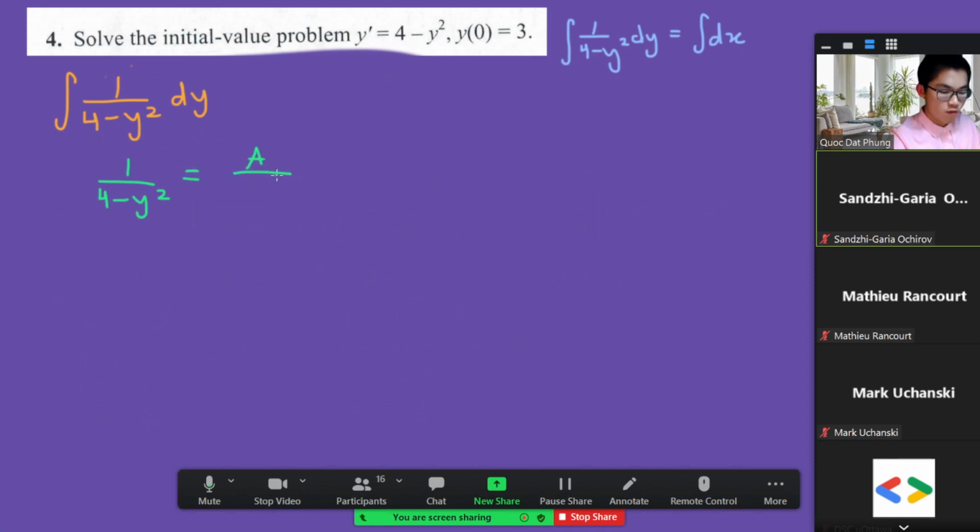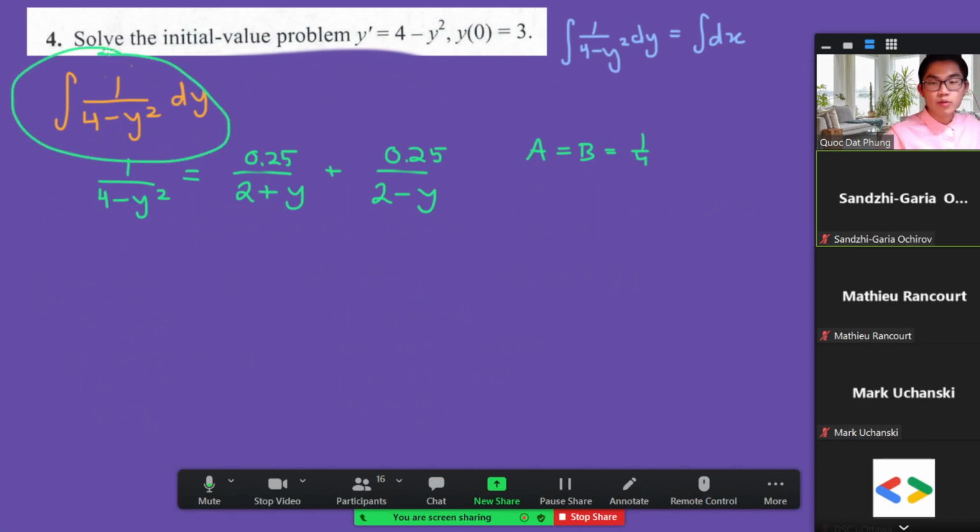We had a over 2 plus y plus b over 2 minus y. And because both a and b are 1 over 4, we can just substitute these values. So instead of writing 1 over 4, I'm going to write 0.25. Now we want to integrate this, right? That's our goal. We want to integrate it.